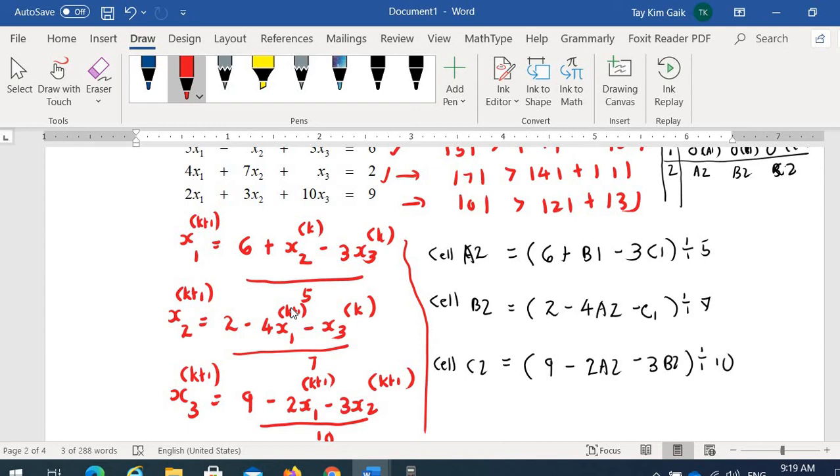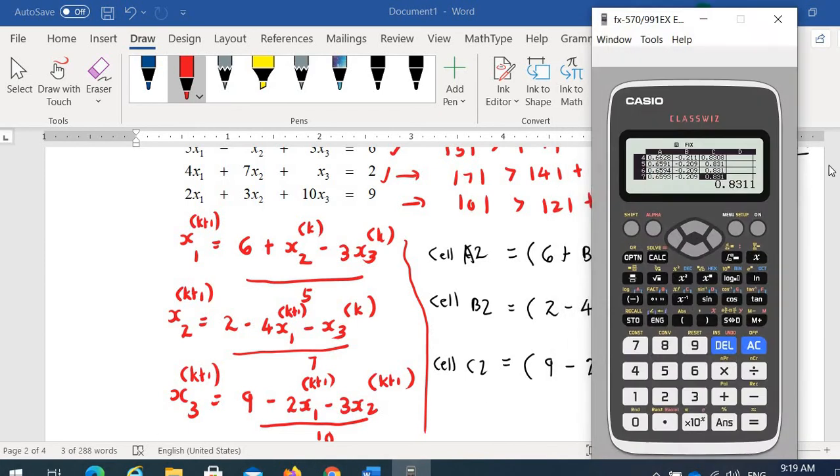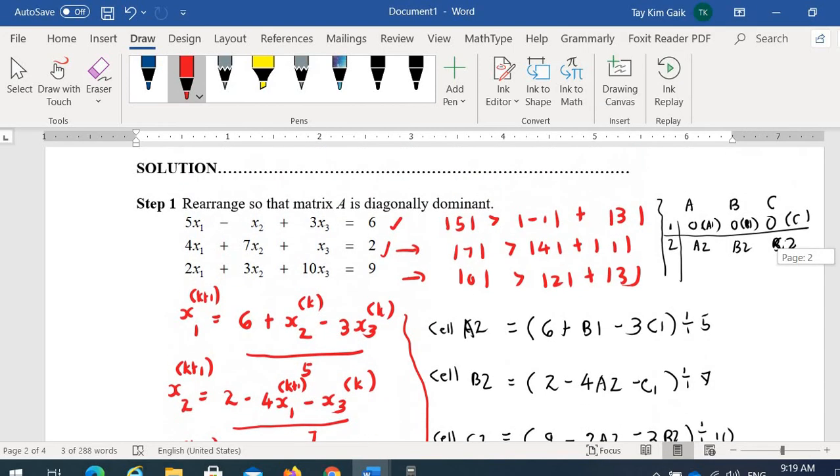So input these three formulas and then press equal, and you get the first row of the result, which is row number 2. Later on you copy the formula, go down, and paste. Okay, this is using the spreadsheet menu.